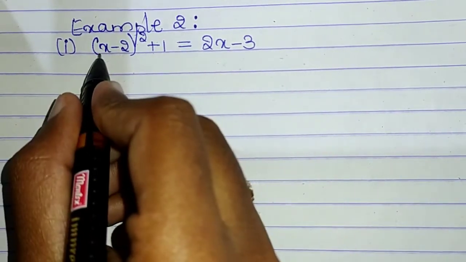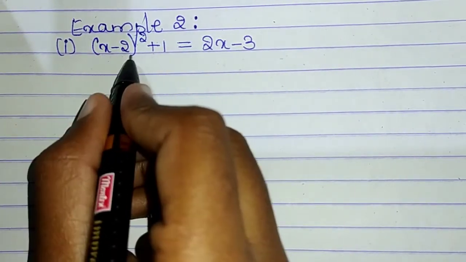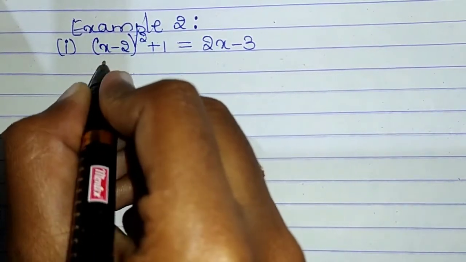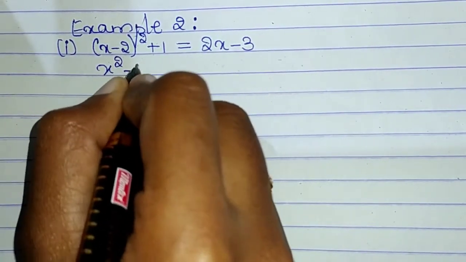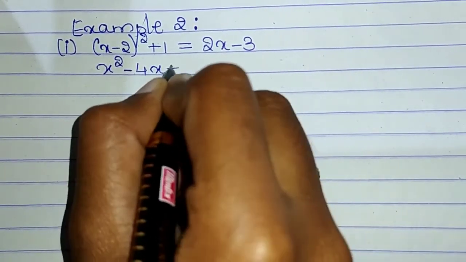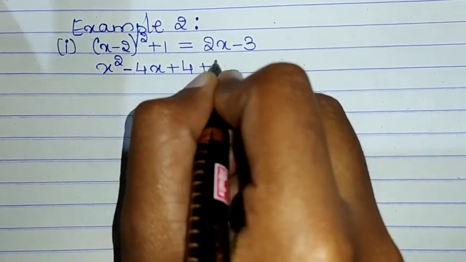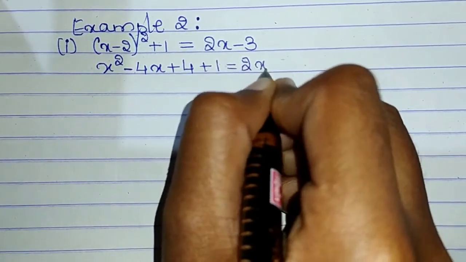So here first let us expand the x minus 2 whole square on the left hand side. Using the identity a minus b whole square, we get x square minus 4x plus 4 plus 1 is equal to 2x minus 3.